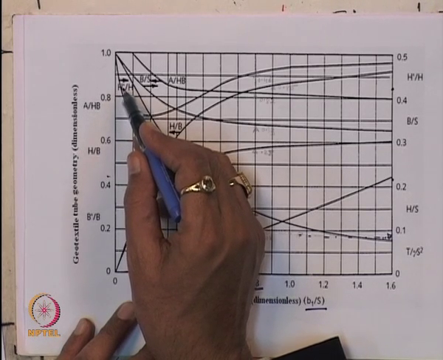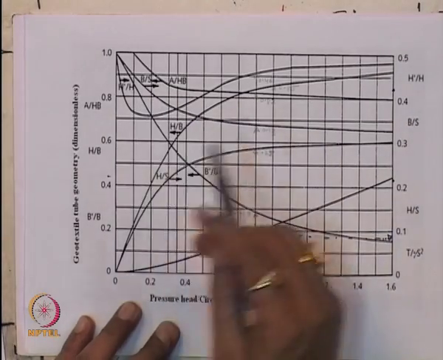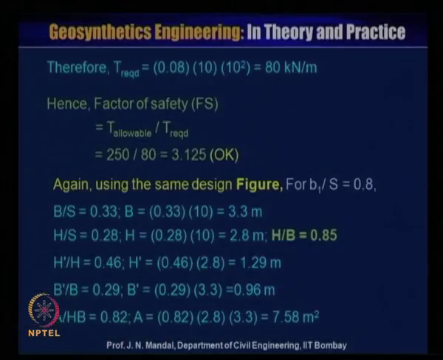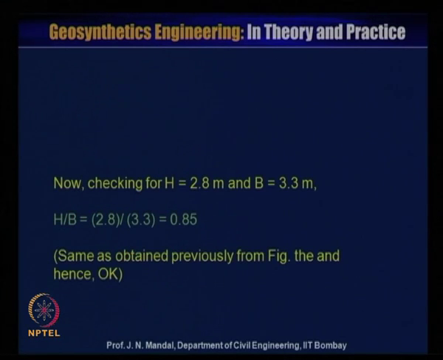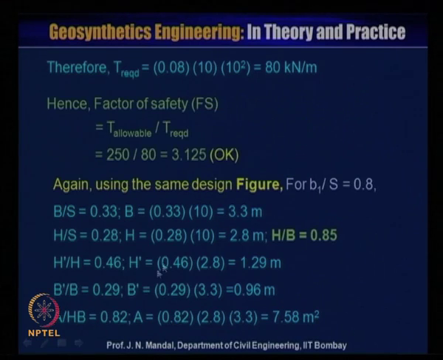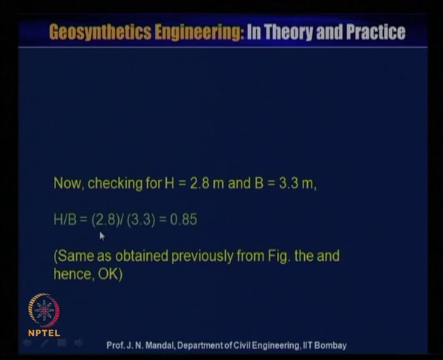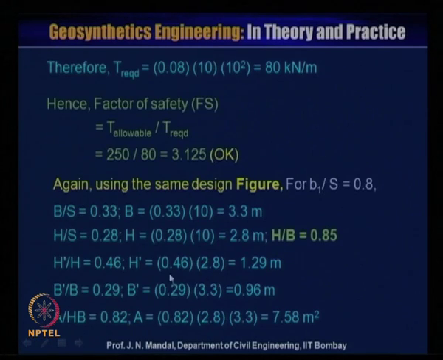So you have all these values, and ultimately you have to check for H equal to 2.8 and B equal to 3.3 meter, and what you are obtaining from this curve. You can see from this, what is H by B? You can have 0.85. H is 2.8 and B is 3.3.